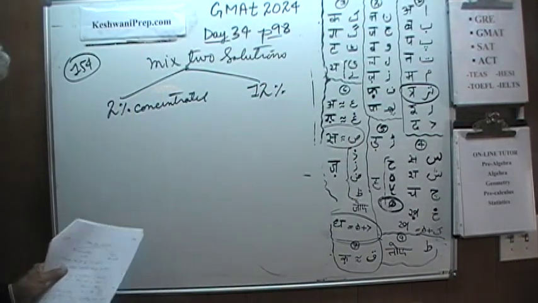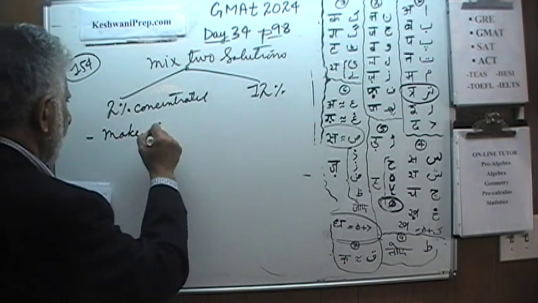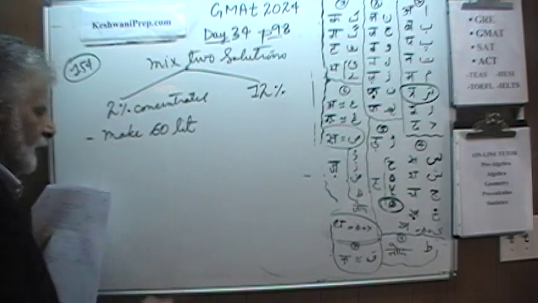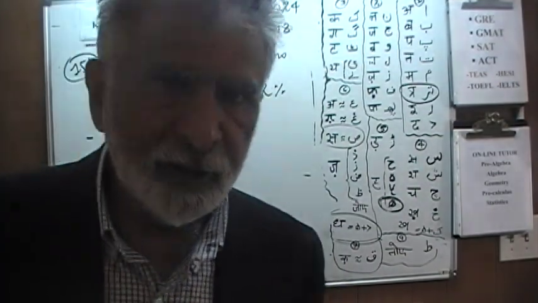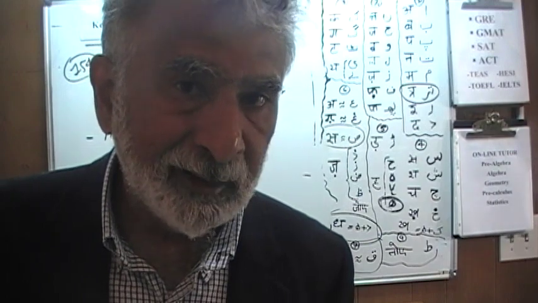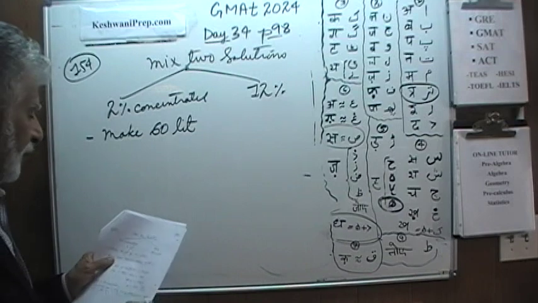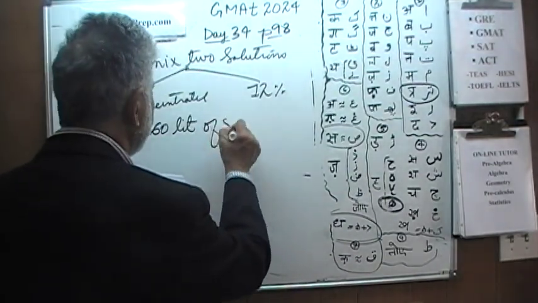We have to make a solution that is 60 liters in such a way that the final solution that we make by combining these two solutions must have a concentration of 5%.